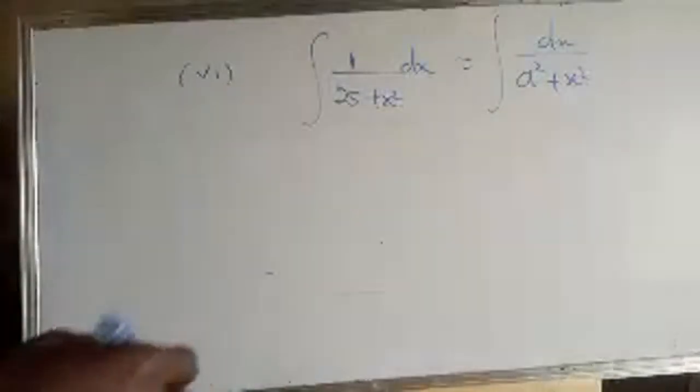This is the same thing as dx all over a squared plus x squared. Your a squared is 25, so you split it as the integral of 1 over 5 squared plus x squared dx.